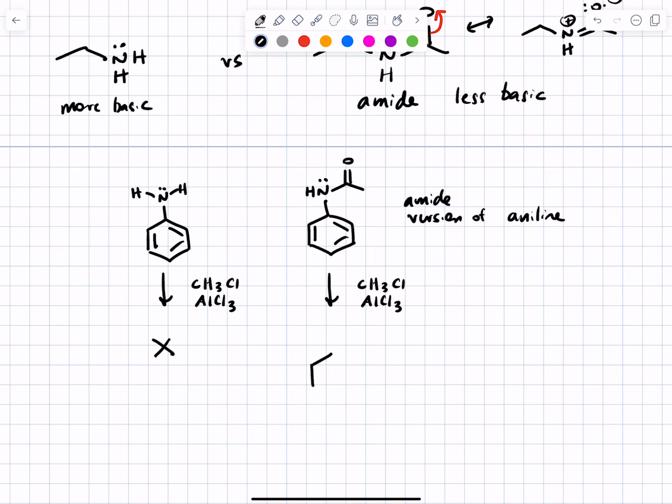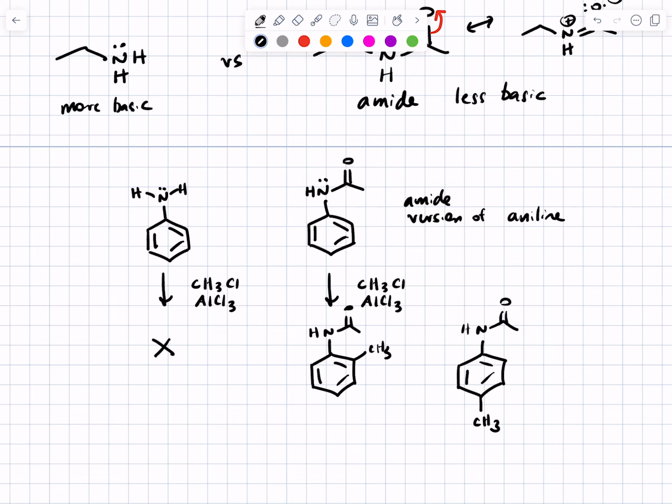If you do have the amide there, the reaction proceeds normally as expected to give you the expected mixture of ortho and para products. Why do you suppose it works for the amide but not for the aniline? What's going on there?